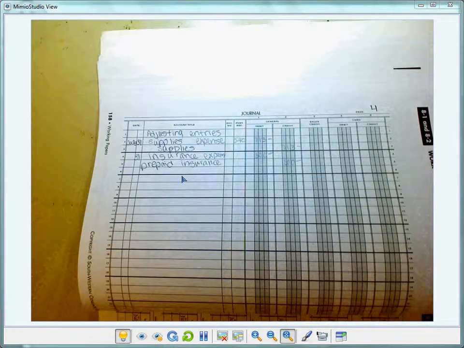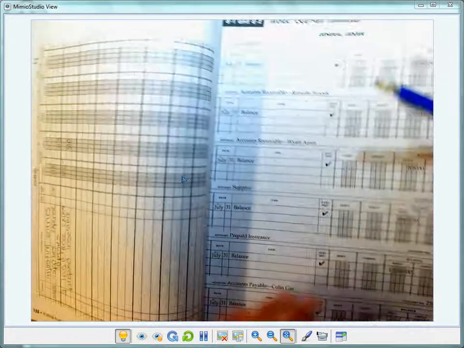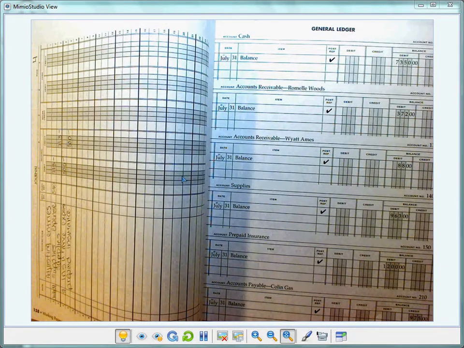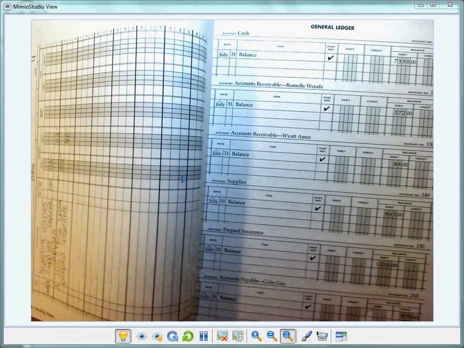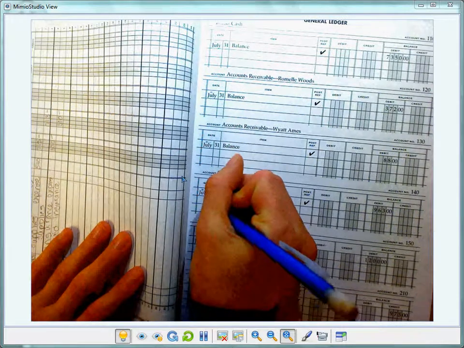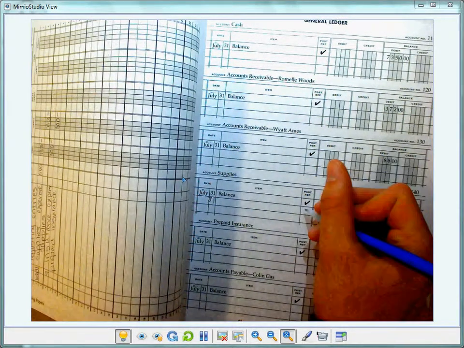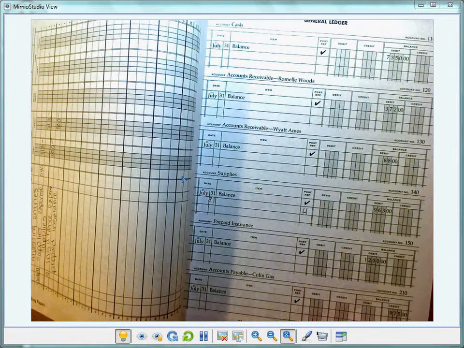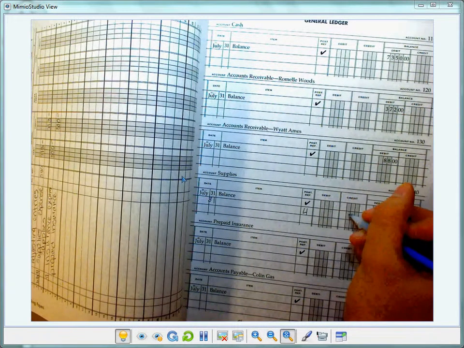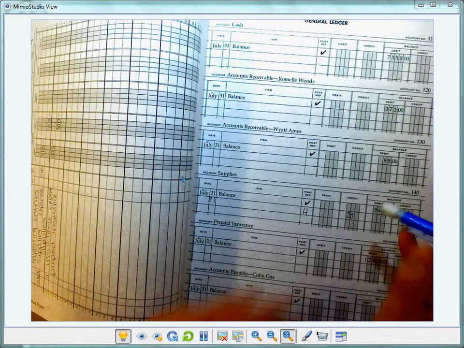Okay, now we need to post supplies. Supplies is on page 159. So we'll just write the 31st there for our date. Our post reference is 4. And so this time it's a credit of $713.